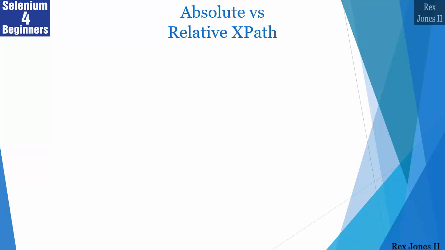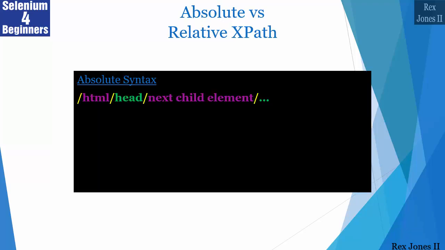Here's the syntax for an absolute XPath. The absolute XPath always begins with the root element, which is HTML. It can start with a forward slash before HTML or without a forward slash before HTML. However, a forward slash will always come after HTML, followed by head or body as the next element, and stop with the last element.